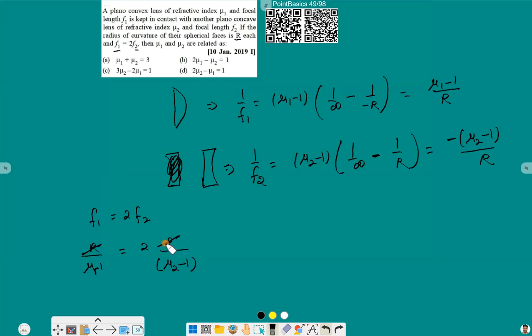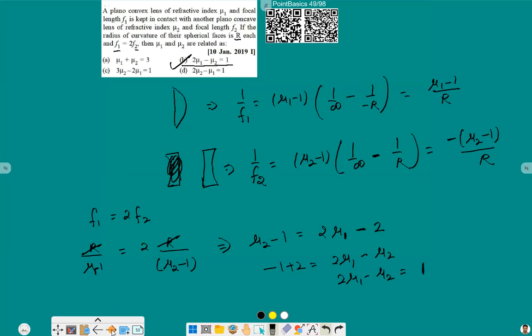So r gets cancelled and we get mu2 minus 1 is equal to twice of mu1 minus 2. From this we find the relation: minus 1 plus 2 is equal to twice of mu1 minus mu2. So twice of mu1 minus mu2 is equal to 1, and that is option B for us. So option B will be the right answer.